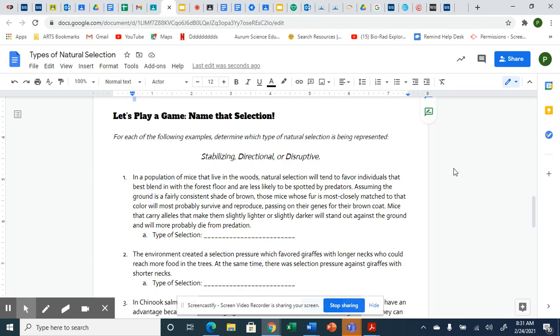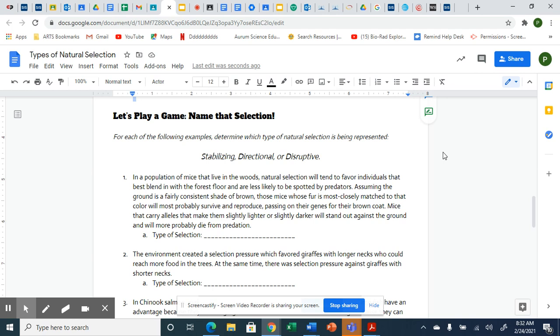So we have mice that live in the woods. Natural selection tends to favor individuals that best blend in with the forest floor. Well, that's a little like our moths there. Assuming the ground is fairly consistent, the mice whose fur is most closely matched to the color will most probably survive and reproduce.